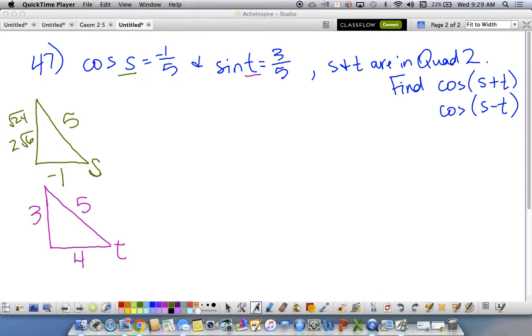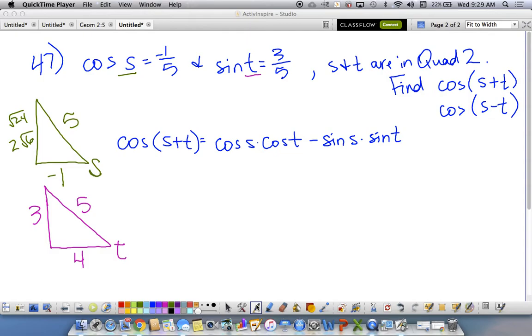So if I write what cosine of S plus T is, write that equation out. Writing it out helps you remember it. It's going to be cosine cosine minus sine sine.